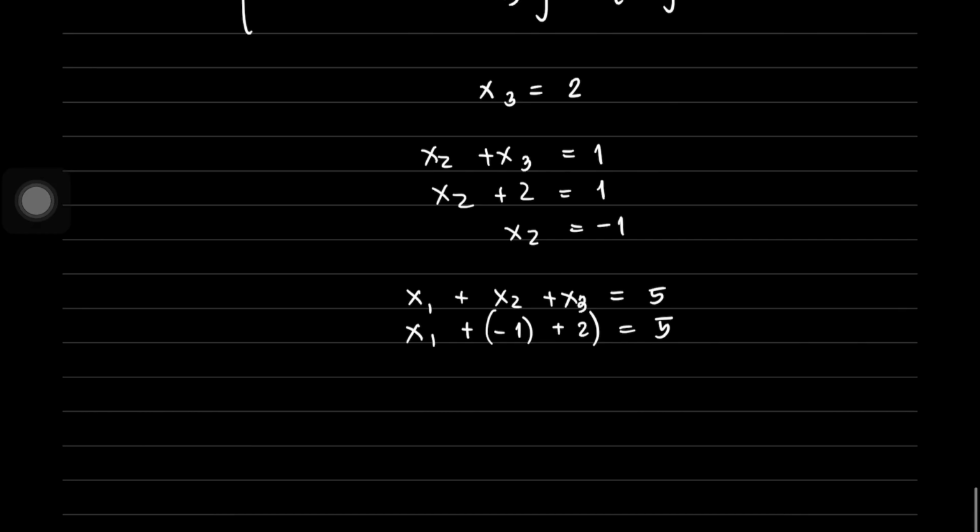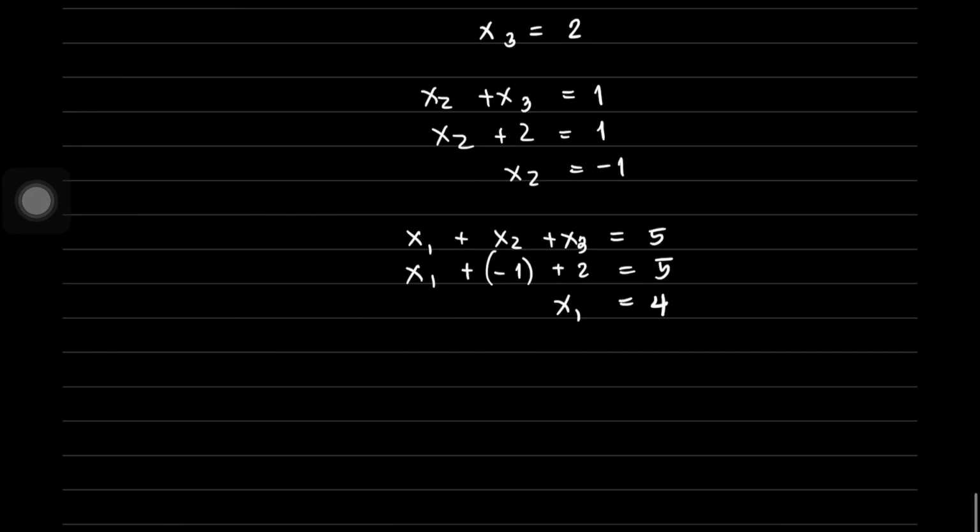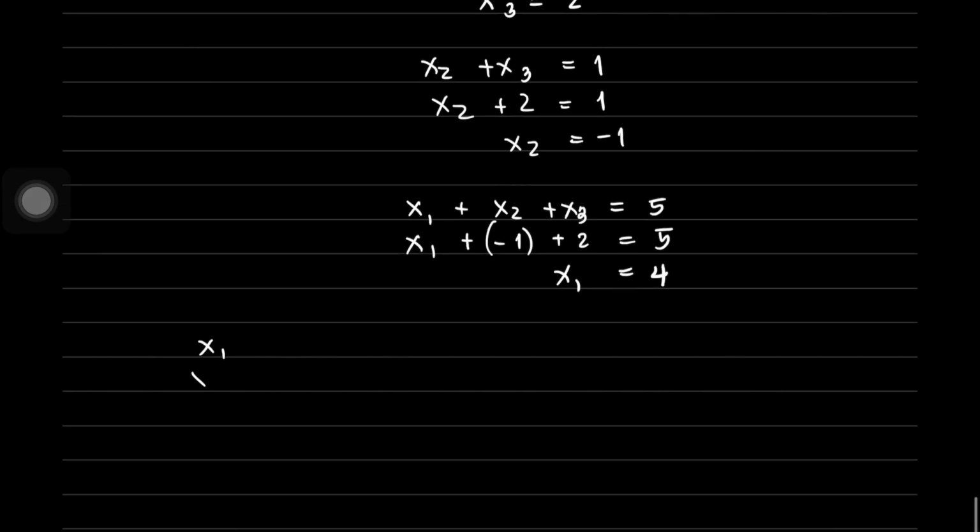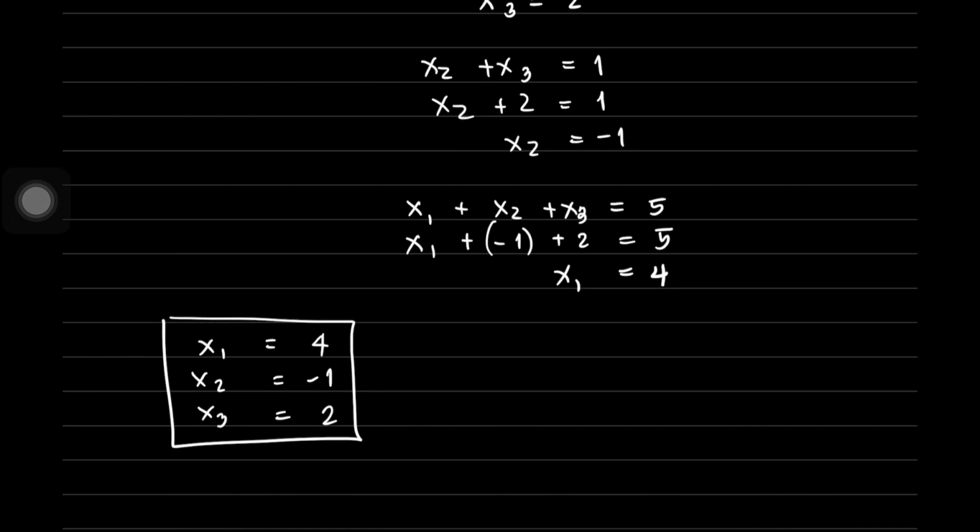Negative 1 plus 2 is equal to 1, and then x1 is equal to 4. So the values of x1, x2, and x3 are 4, negative 1, and positive 2.